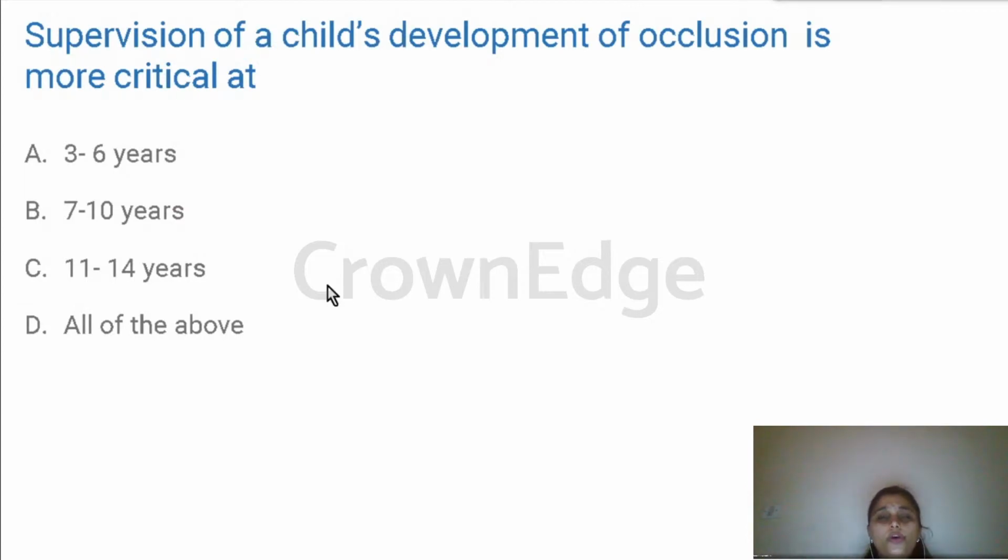Because most of the time, if you catch a developing malocclusion early, the chances of it getting corrected quickly are much higher. And for us, the mixed dentition period is a lovely period to correct a lot of things, a lot of muscular problems, that is, abnormal tongue pressure, tongue thrusting, or other oral habits like thumb sucking, lip biting, lip sucking.